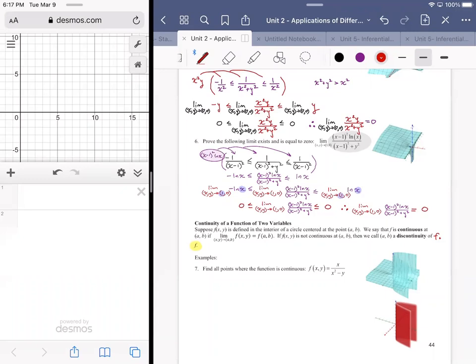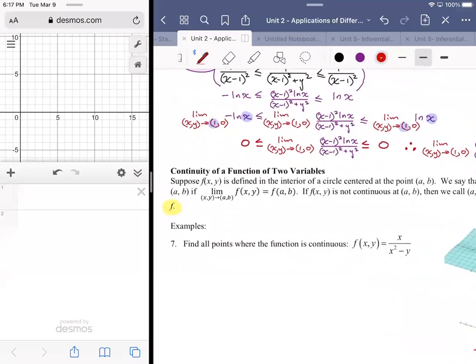So looking at number 7, find all the points where it's continuous. We have x over x squared minus y. The first thing I would want to do is figure out where this function is undefined. So it's undefined when x squared minus y is equal to 0.